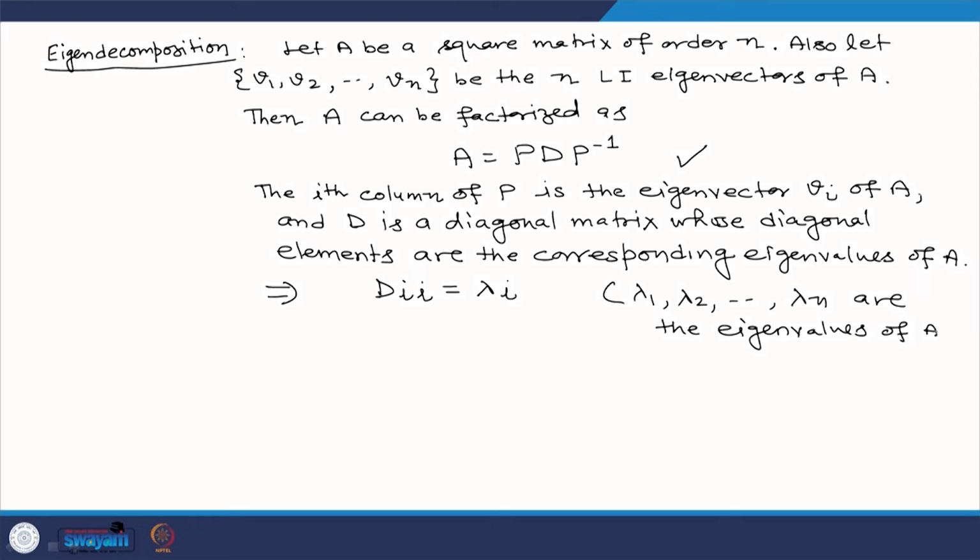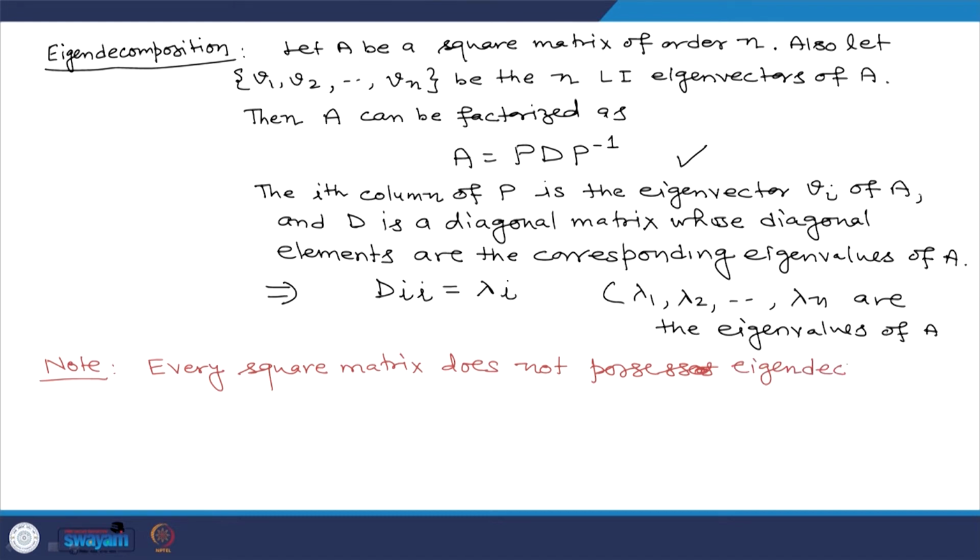Now, there is an important note. Every square matrix does not possess Eigen decomposition.